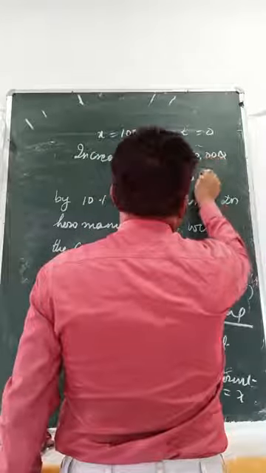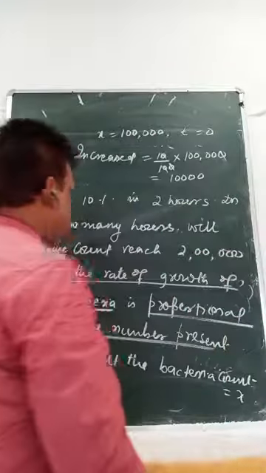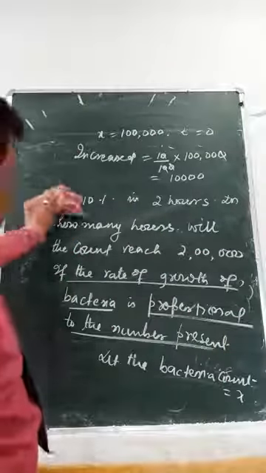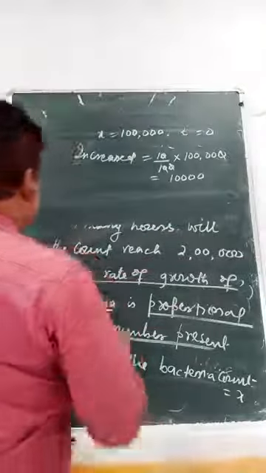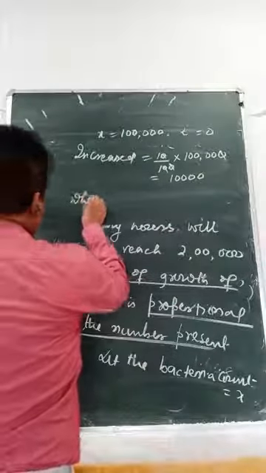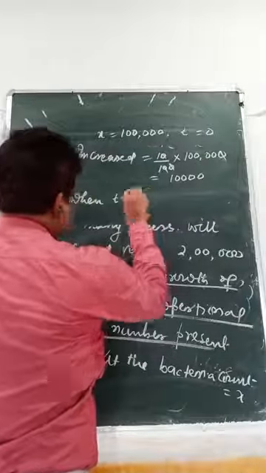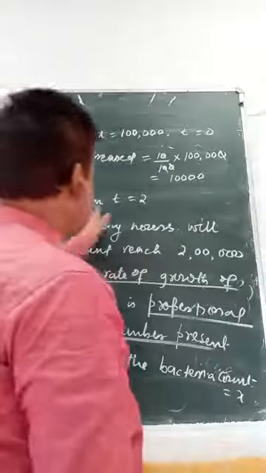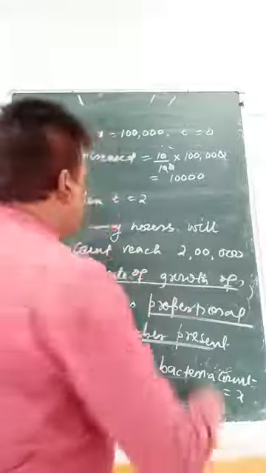So the increase is 1 2 3 4, this. So when the time is 2, meaning after 2 hours, what will be the count?